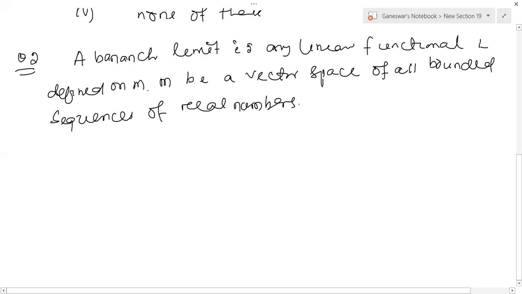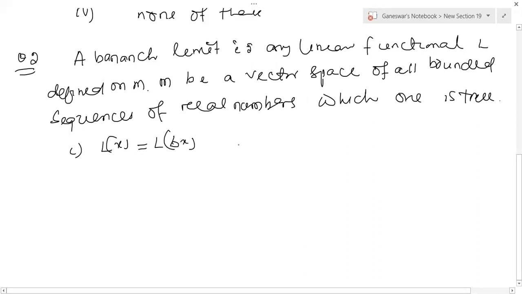Which one is true is being asked here. Some options are given below. First, Lx equal to L delta x, where delta x is equal to delta into x1, x2, up to xn.